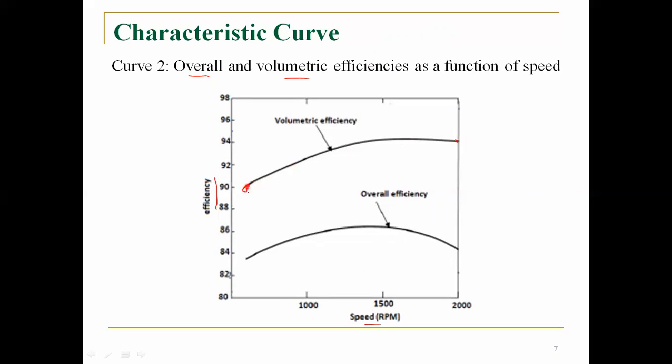And if we see the overall efficiency, it is around 83%, going up to 85, sometimes 86 also, and then it will come back to 83%. As the speed increases, there will be a certain increase, and then it will start decreasing for higher speed.